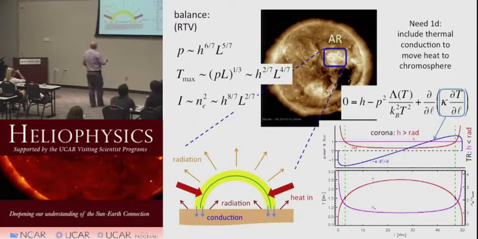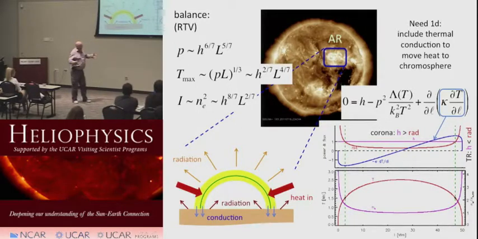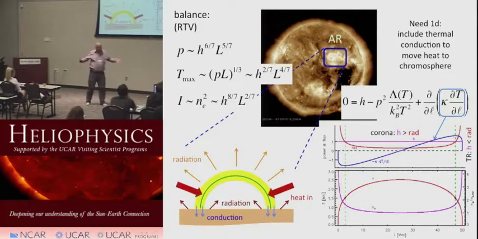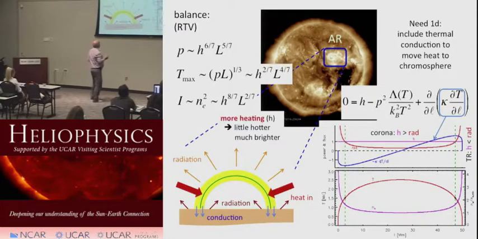So little short loops, basically because the long loops have to move heat across a very shallow temperature gradient, so they need to make it a long distance. They have to raise the temperature to get the heat out of there. But when we raise the heating rate, we definitely raise the brightness, the density, and we raise the temperature by a little bit. Okay? That's some important scalings there.